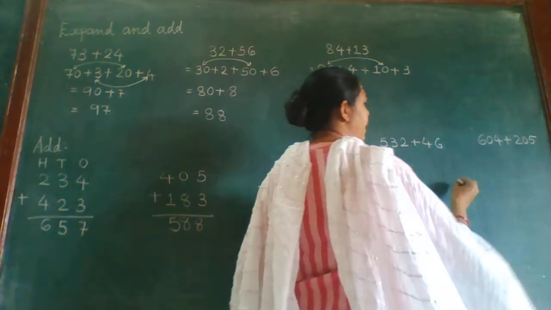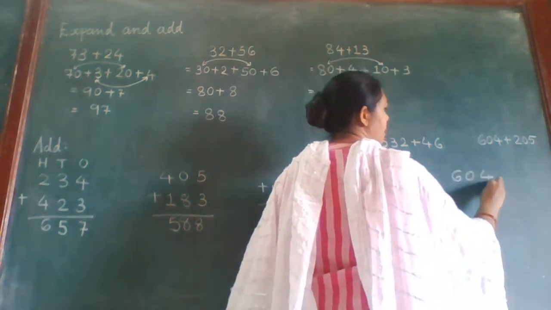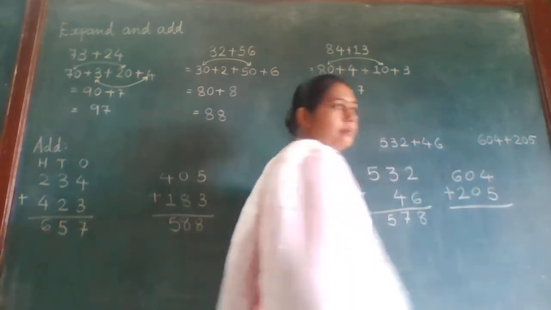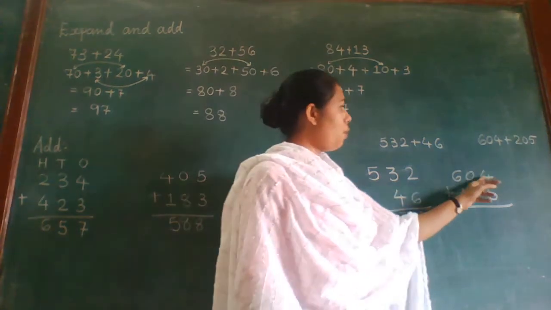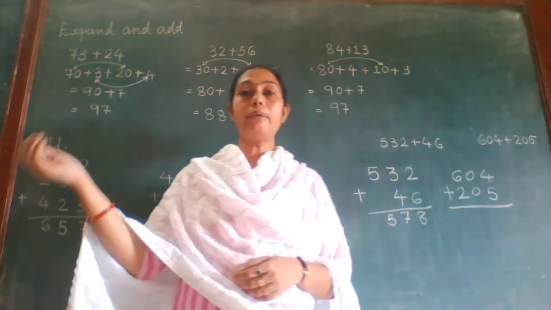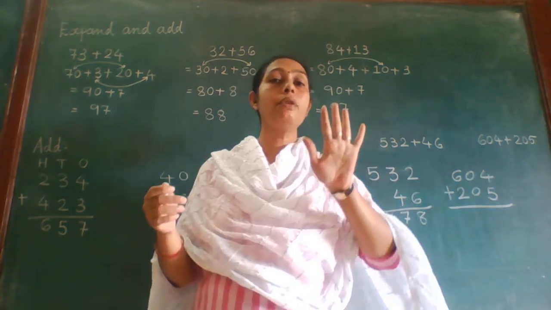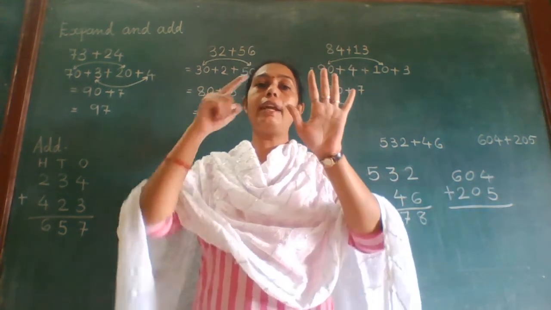Now 604 plus 205. 4 plus 5. 4 we have to keep in our mind. 4 is here and we have to take 5 fingers. So after 4 add 5 fingers.